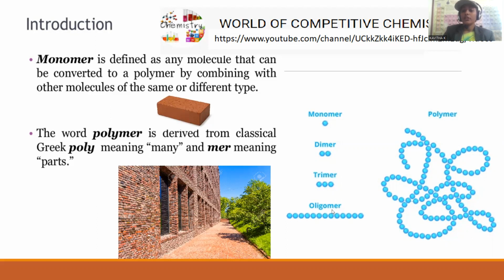Oligomer means a little number of monomers combined, you may say 10 units or 20 units. Oligomer stands for a combination of monomers in a small number. Poly means many, and this is the complex one. A lot of monomers combine, so that we get a high molecular weight, a huge molecule.